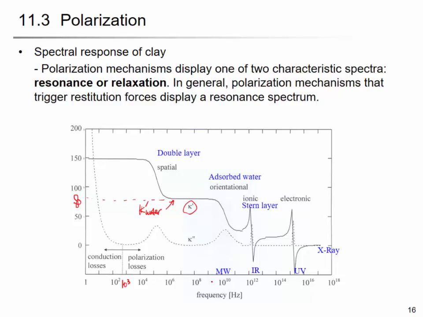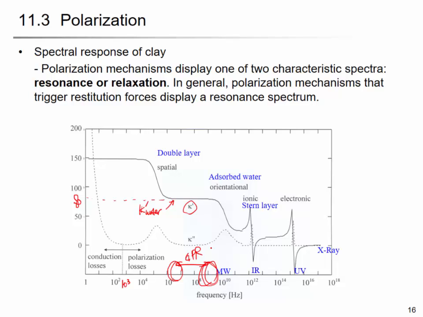So that's around this range, right? And where is megahertz? Megahertz is around this range, right? So for GPR the frequency range is here, so they can detect the permittivity of the water. Mostly it's affected by the water presence.